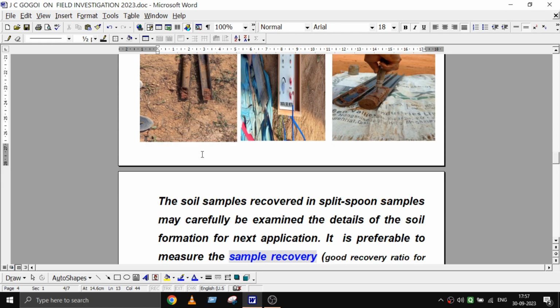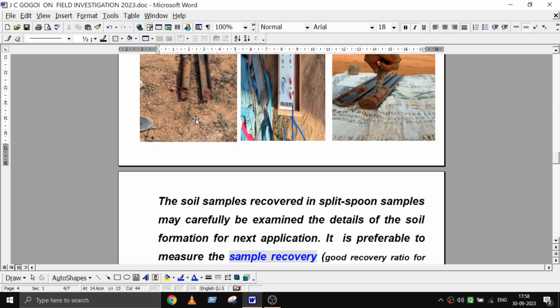The recovery ratio is directly related to the formation. If it is very hard soil, the recovery is expected to be 100%, at least a minimum of 95%. Stiff soil, then it should be 90% and above.